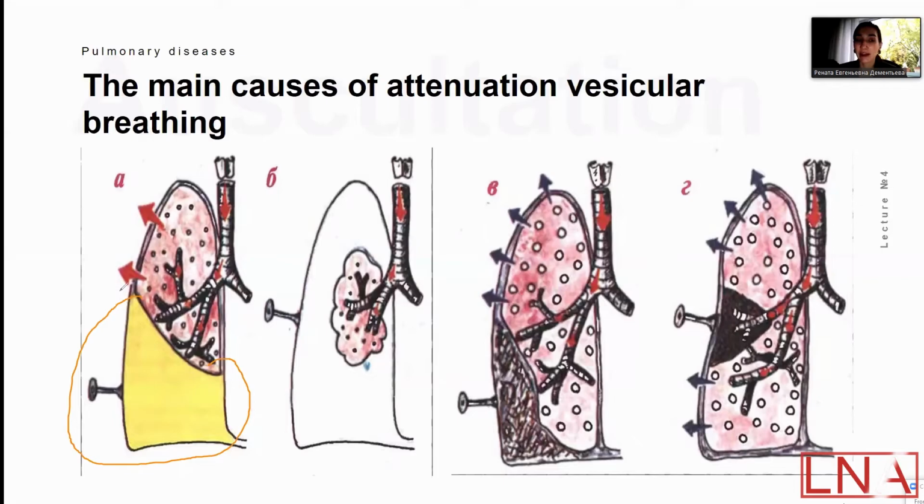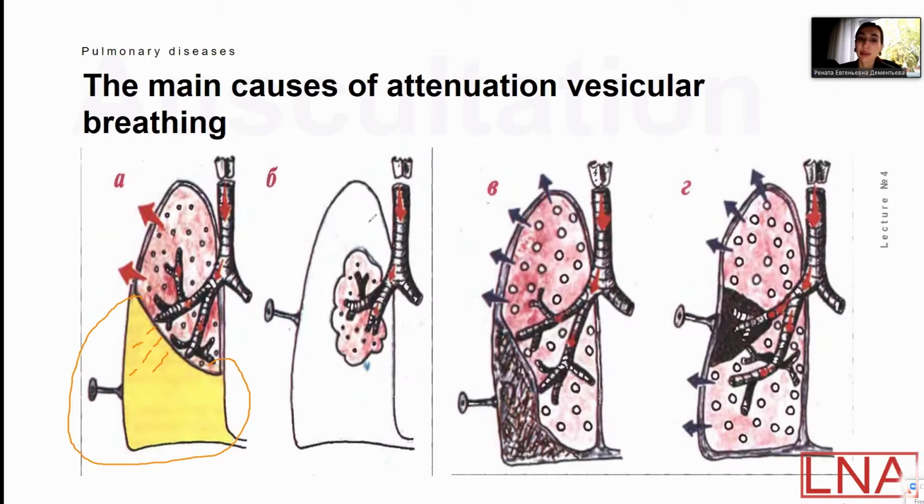Above the healthy lung tissue, you will determine the vesicular type of breathing, but above the fluid, above this region, you will determine attenuation of vesicular breathing, because liquid cannot conduct sounds from the alveolus in a good way, and you will have attenuation of vesicular breathing or absence of any type of breathing in this area.